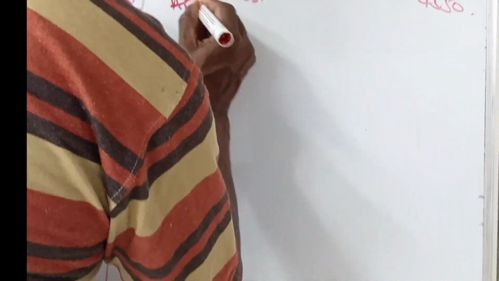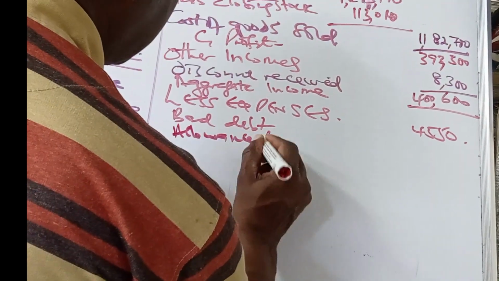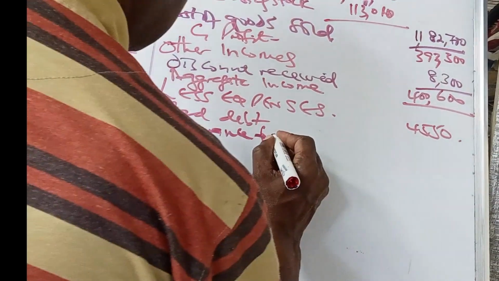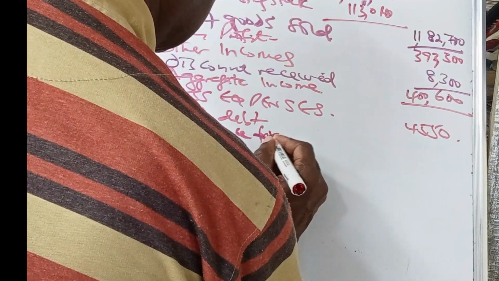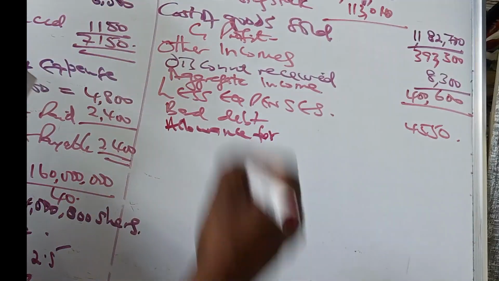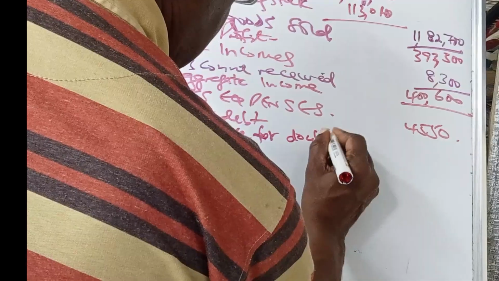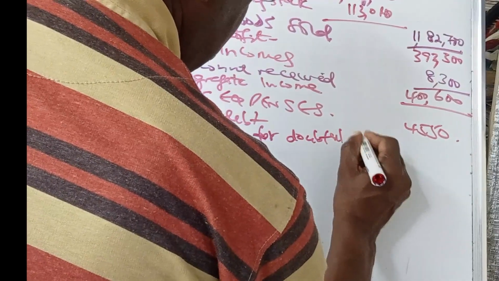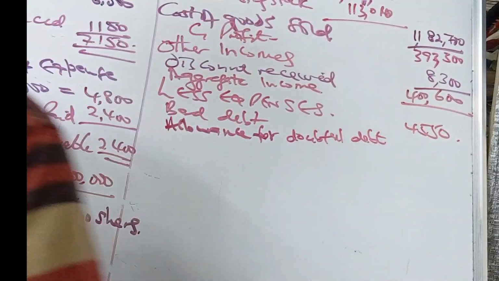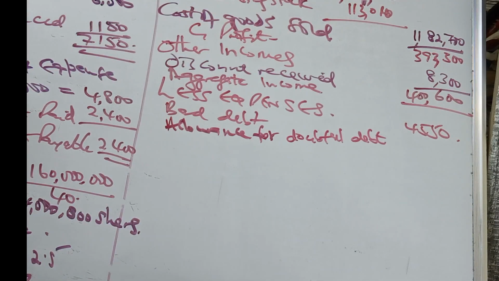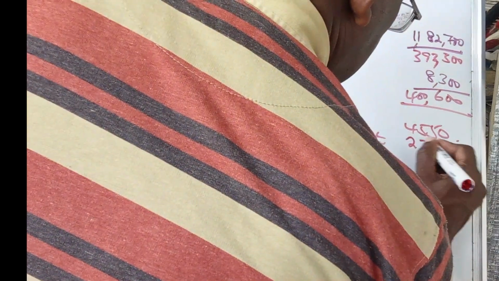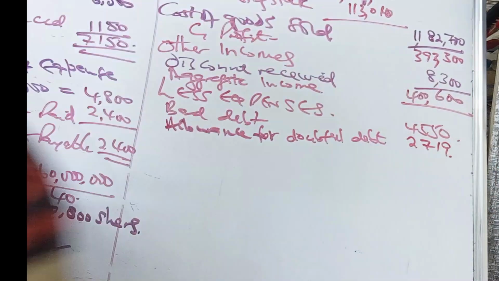Allowance for doubtful debt. Know the difference: allowance for doubtful debt is not writing off the debt. It's only providing. We are using the conservatism principle to provide just in case they fail to pay. We are not writing it off. 2,719.